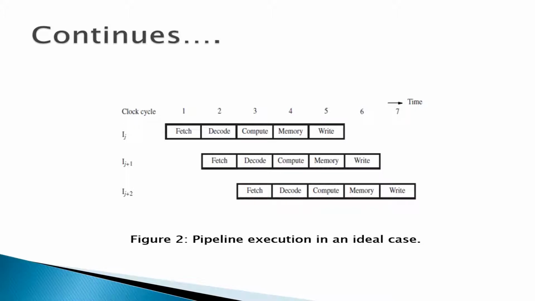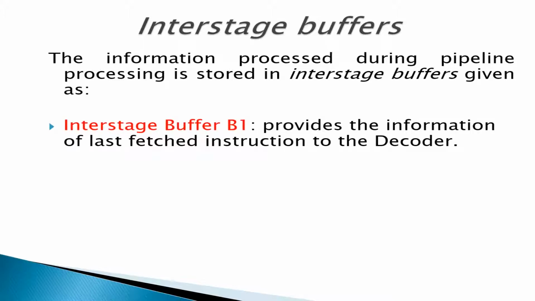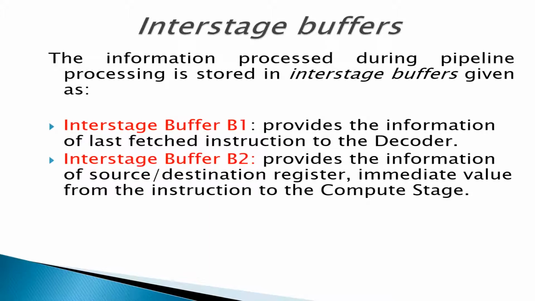This information is stored in the interstage buffers given as: 1. Interstage buffer B1 provides the information of the last fetched instruction to the decoder. 2. Interstage buffer B2 provides the information of source and destination register, immediate value from the instruction, and the updated value of PC used as return address for a subroutine call to the compute stage. 3.